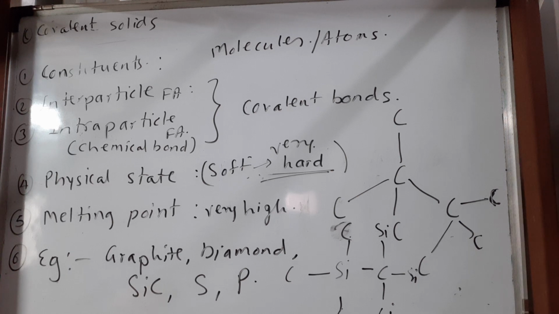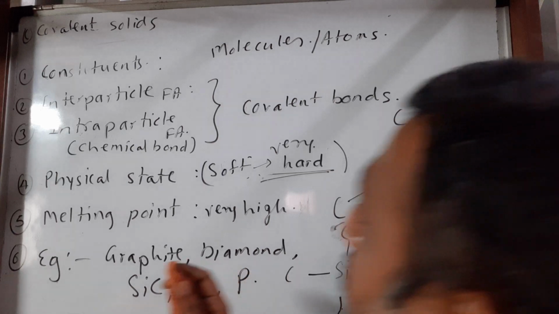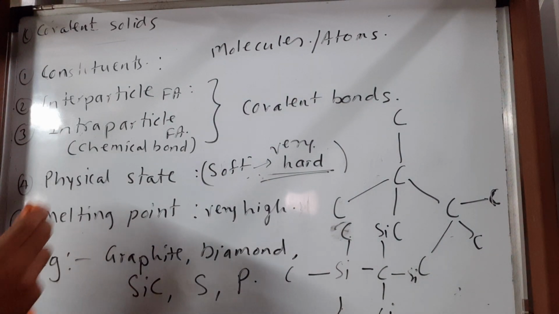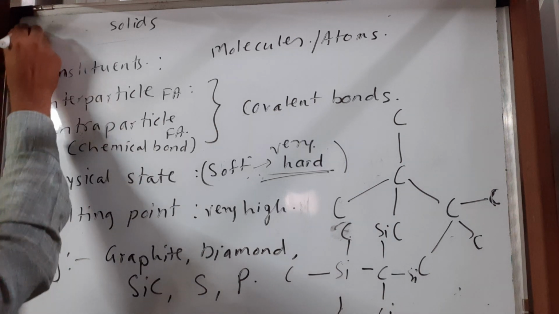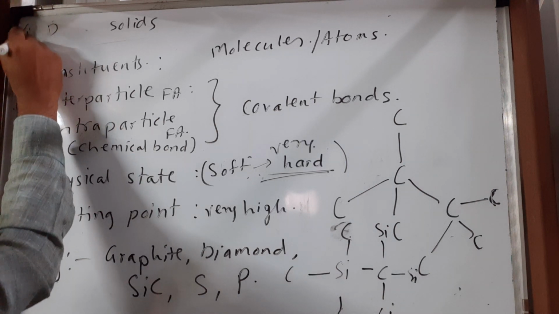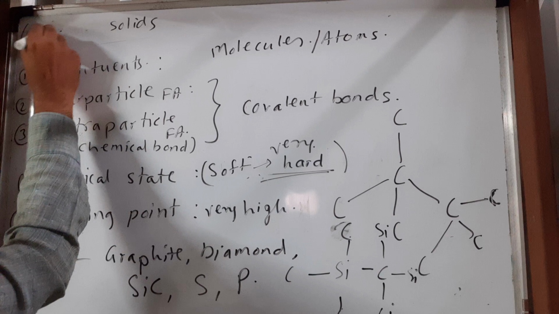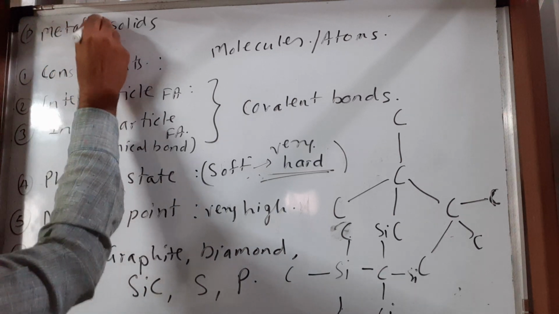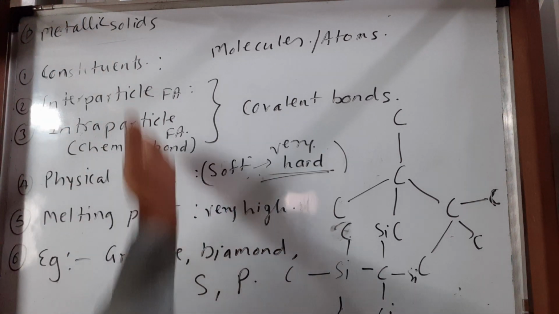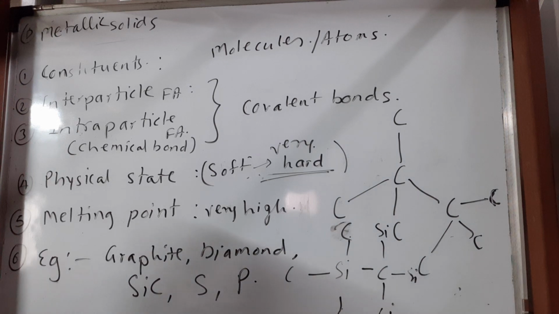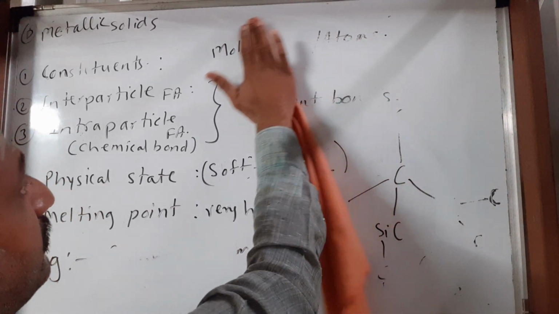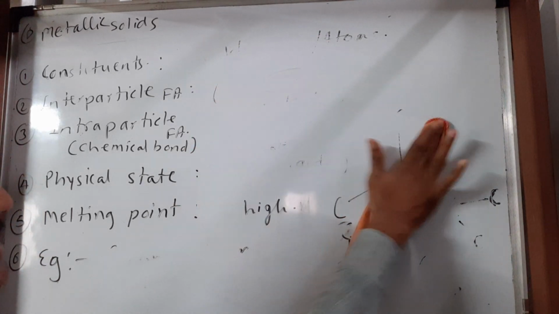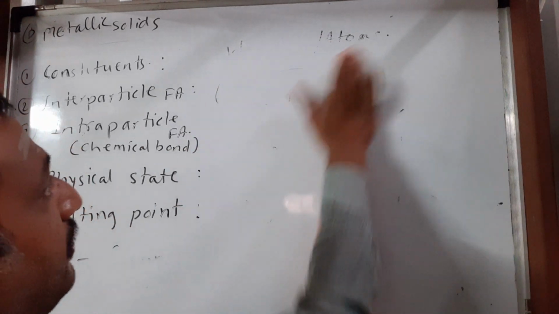And the last one, the metallic solids, is the last point I am writing here. Hope you understood that these points are going to remain the same, and only the remaining part we are changing, meaning the constituents, interparticle forces and so on.